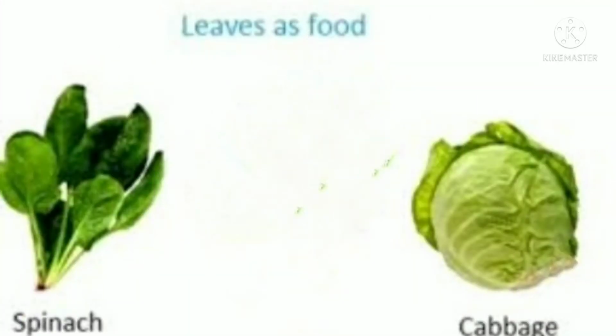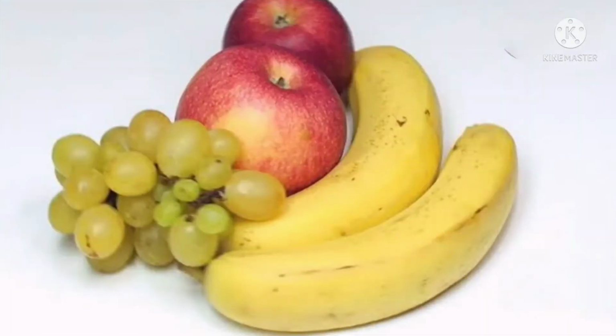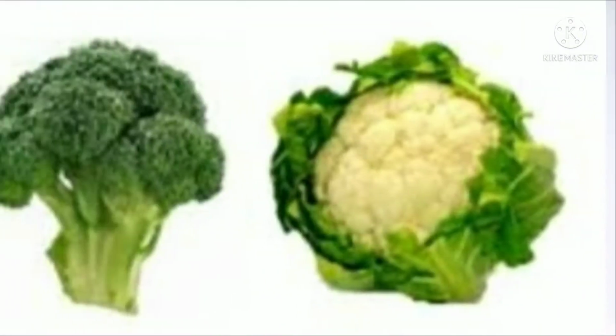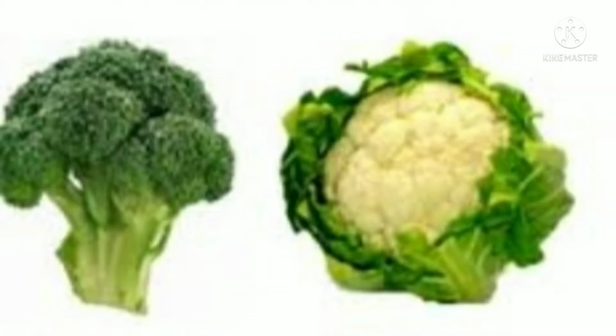We eat leaves of some plants like spinach and cabbage as vegetables. Fruits. Apples, banana and grapes are some fruits that we eat. Flowers. We eat flowers of some plants like cauliflower and broccoli as vegetables.